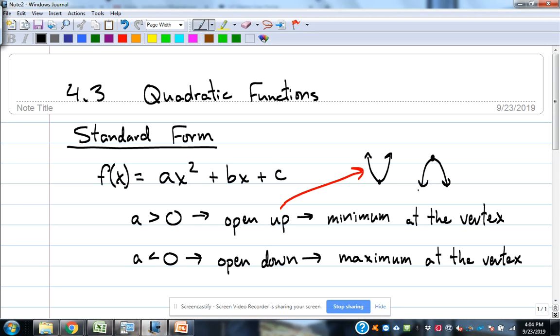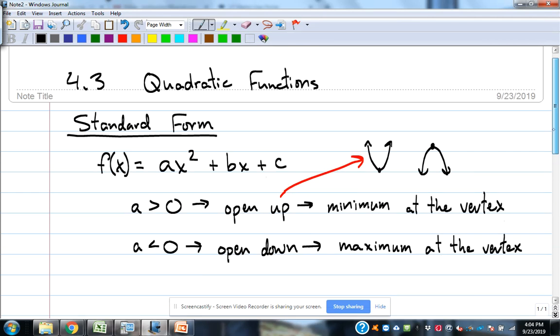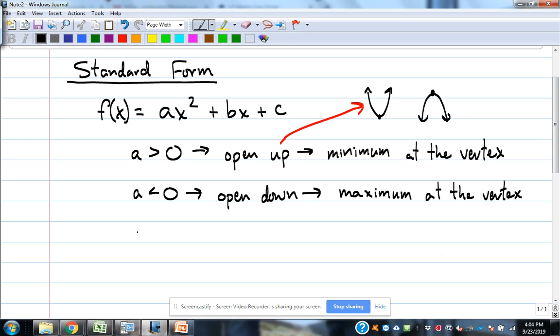So those points at the bottom and the top are the vertex. I'm going to calculate that shortly. With that being said, the vertex is an absolute max or min, depending on a.